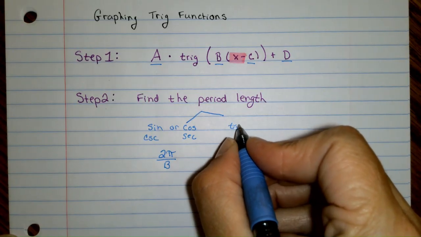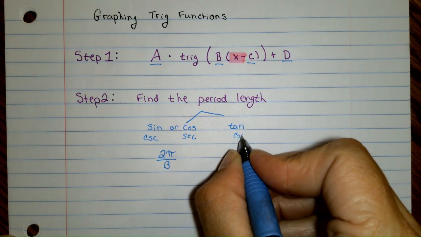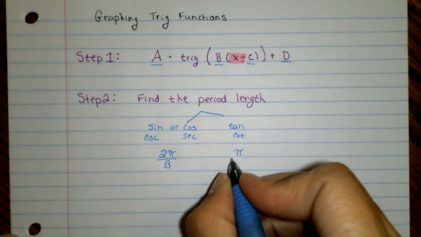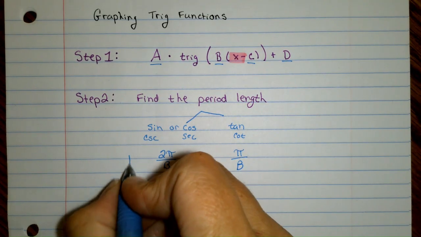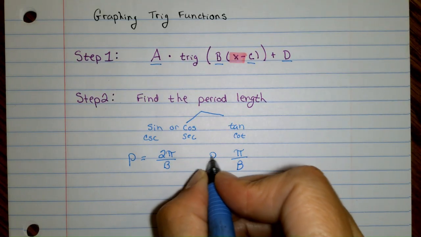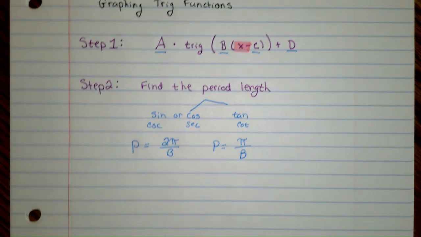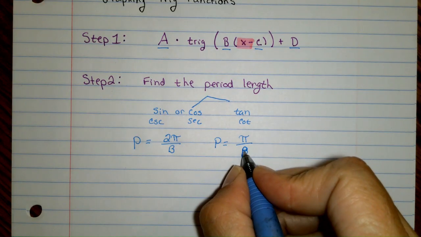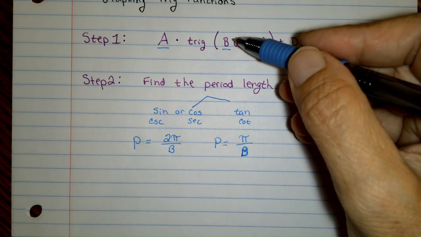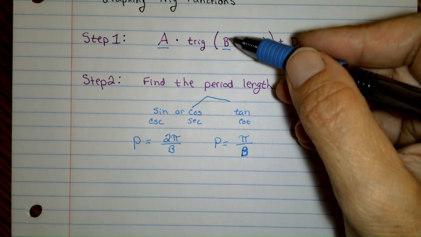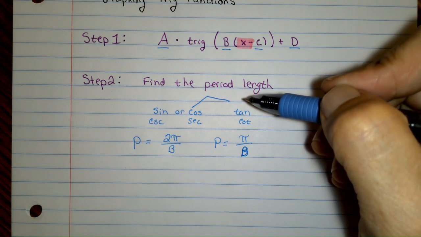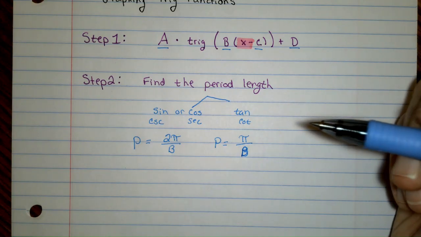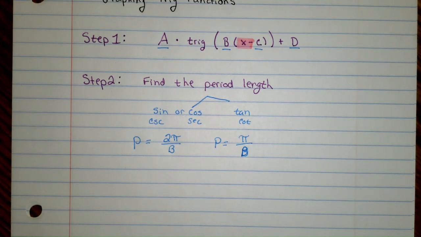If it's tangent, or therefore cotangent, you'll be doing pi divided by the b value. So the period equals that. Where am I getting that b value from? Right here. And that's because the bigger this value is, the faster it's going to repeat, and so the less time it takes to repeat.